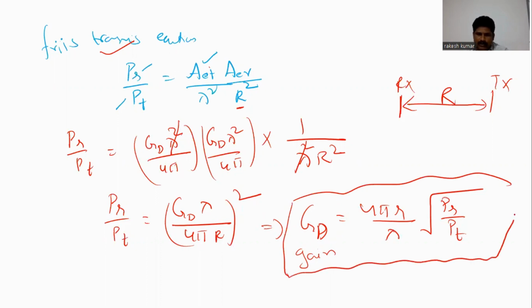GD, the gain, is equal to 4 pi R by lambda into root of PR by PT, where PR is the received power and PT is the transmitted power. This is how you perform the measurement of gain by the absolute gain method. This is the second method.